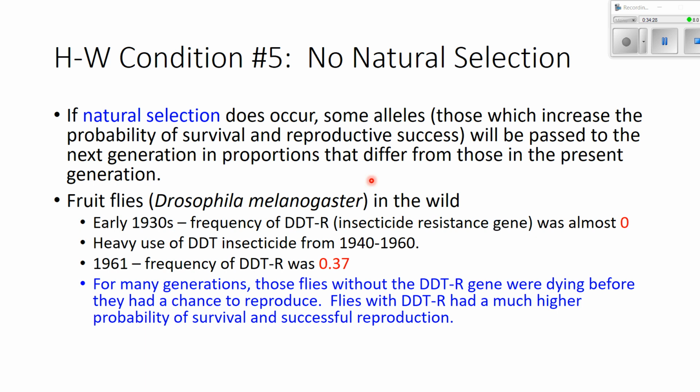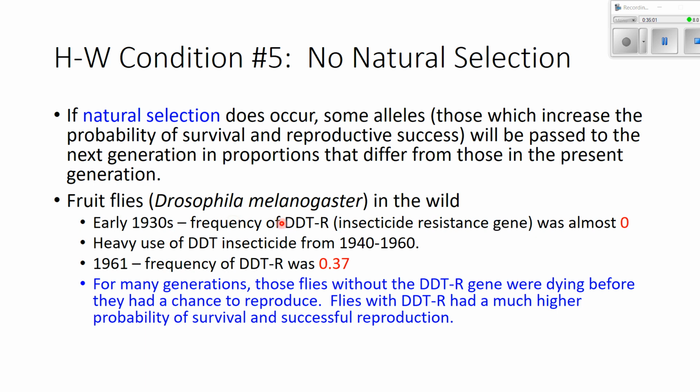Drosophila melanogaster, the common fruit fly, the same species that T.H. Morgan used for his genetics research. Samples of the Drosophila population were done in the early 1930s, and they found a very, very rare allele that made some fruit flies resistant to an insecticide chemical called DDT.